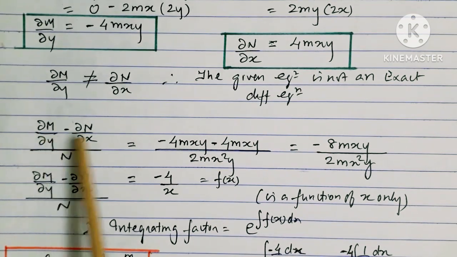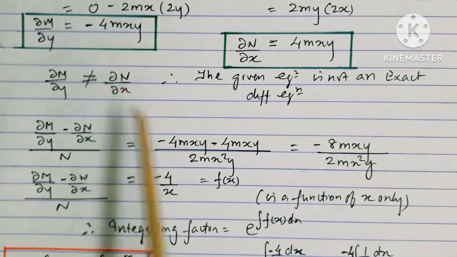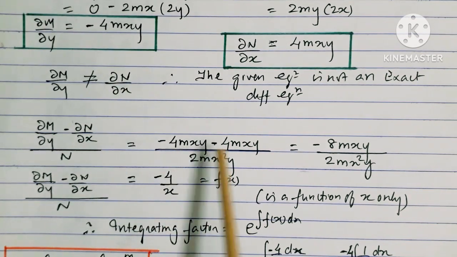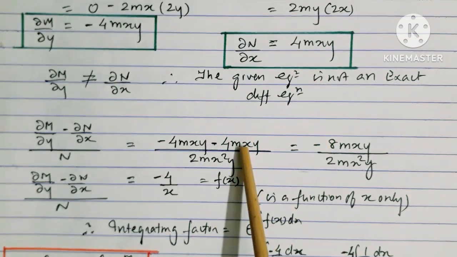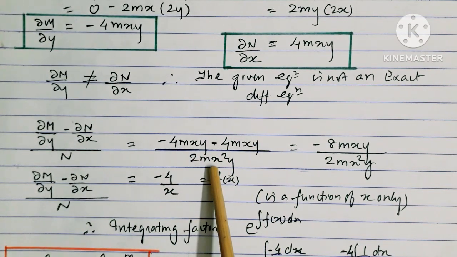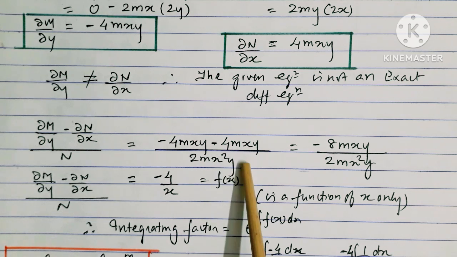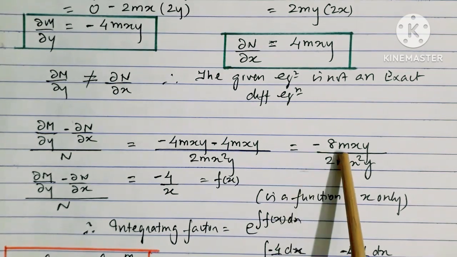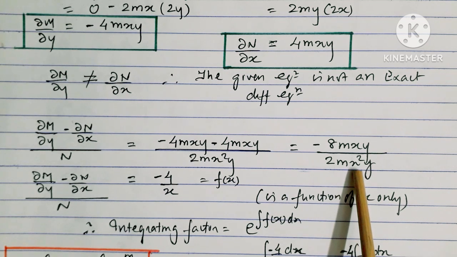Therefore, del M by del y minus del N by del x upon N equals to minus 4mxy minus 4mxy upon N, which is 2mx square y. So this would be equal to minus 8mxy upon 2mx square y.